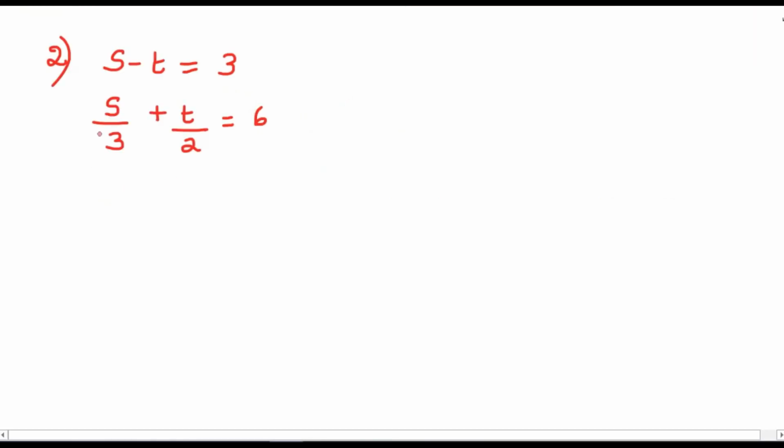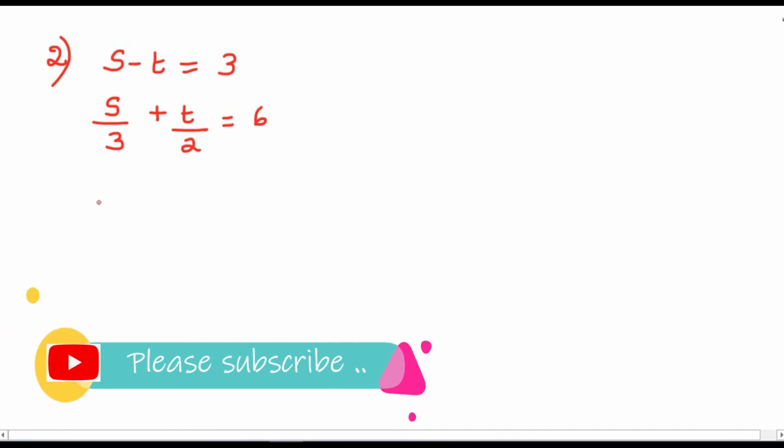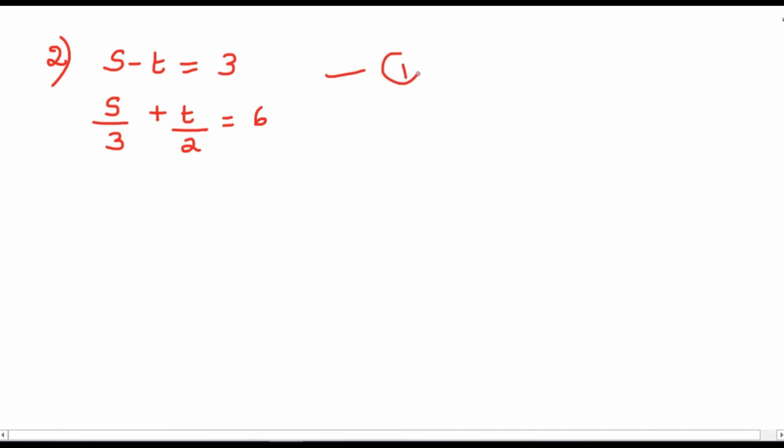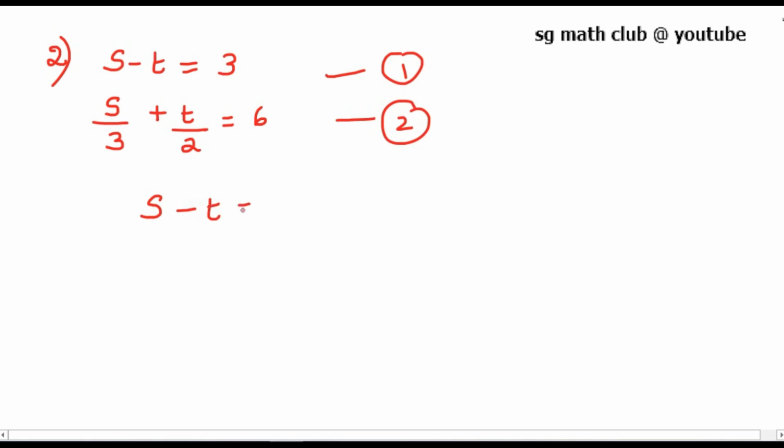Now let's solve one more question with the substitution method. s minus t equal to 3, s by 3 plus t by 2 equal to 6. Let's see how to solve this. Call this equation number 1 and this equation number 2. From the first equation, s minus t equal to 3, I'll write s is equal to, taking minus t to the other side, 3 plus t.